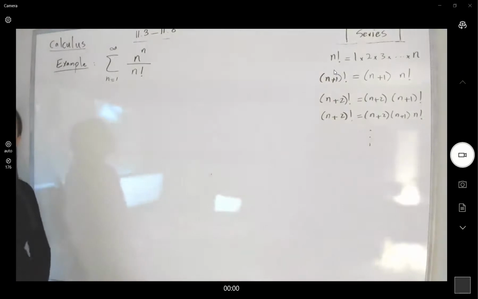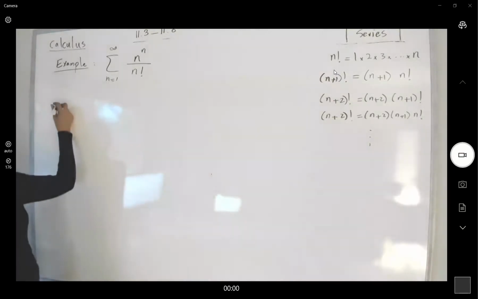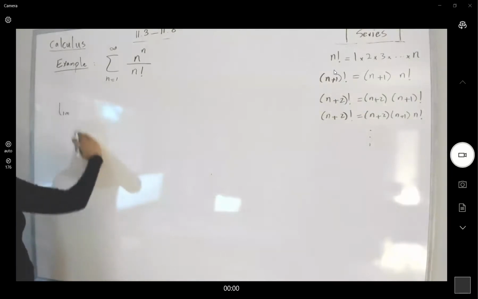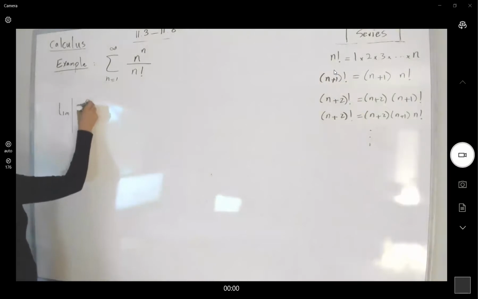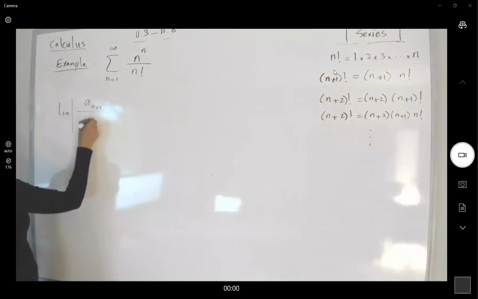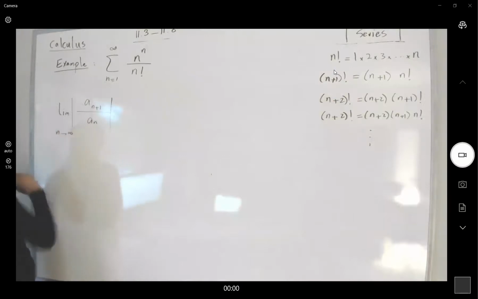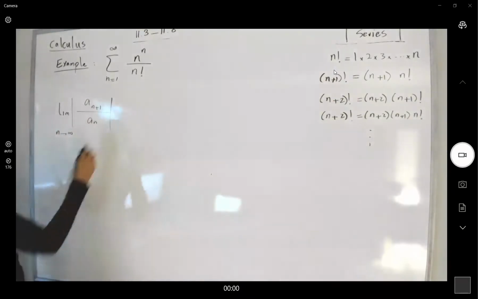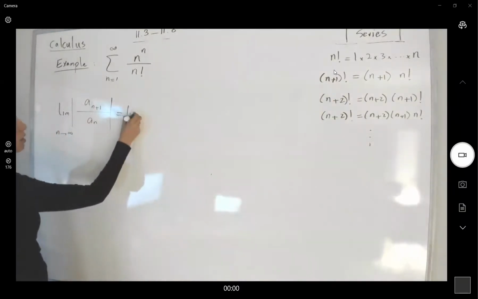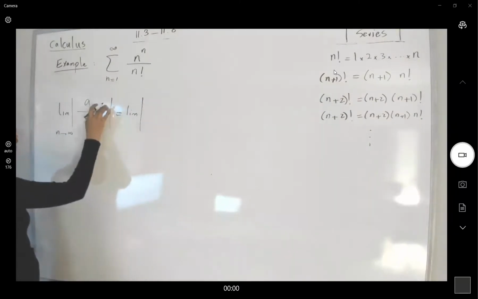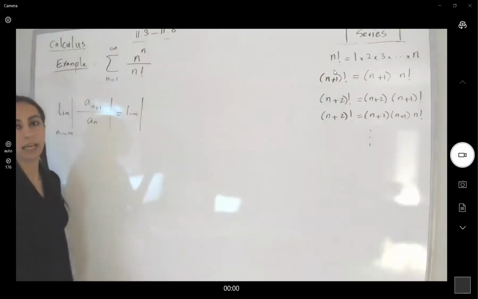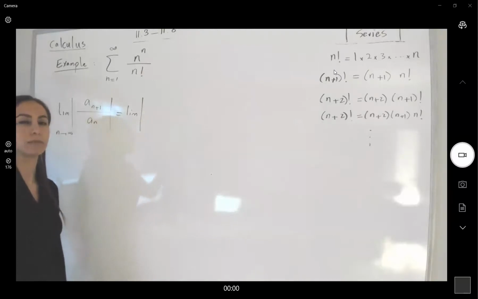Okay. N to the n divided by n factorial. Let us use the technique that we just learned today. We're going to construct the limit of absolute value of a sub n plus 1 divided by a sub n as n approaches infinity. On my numerator, wherever I see n, I replace that by n plus 1.